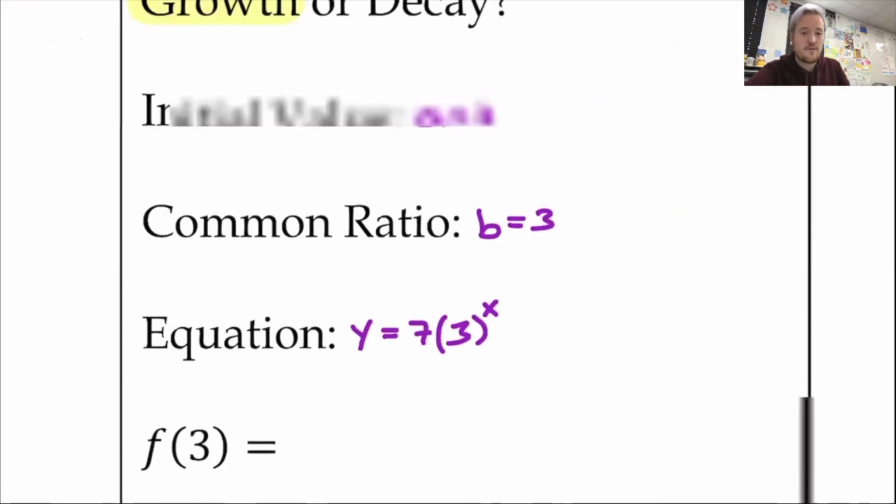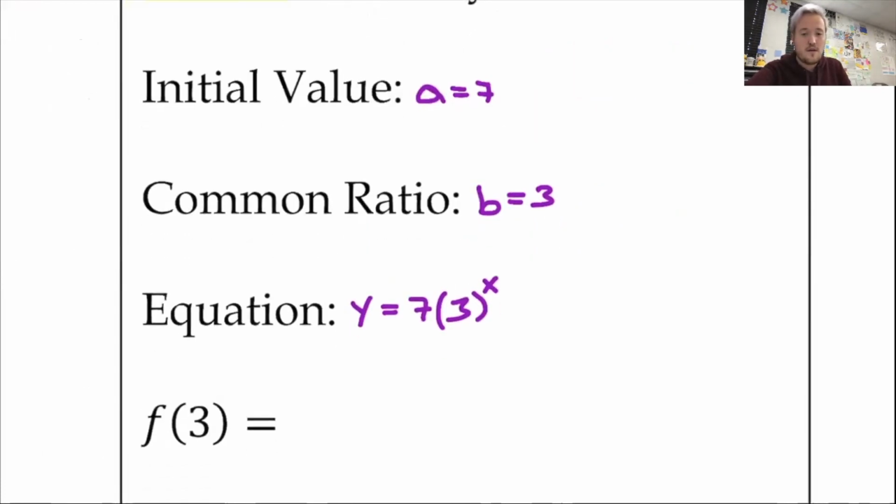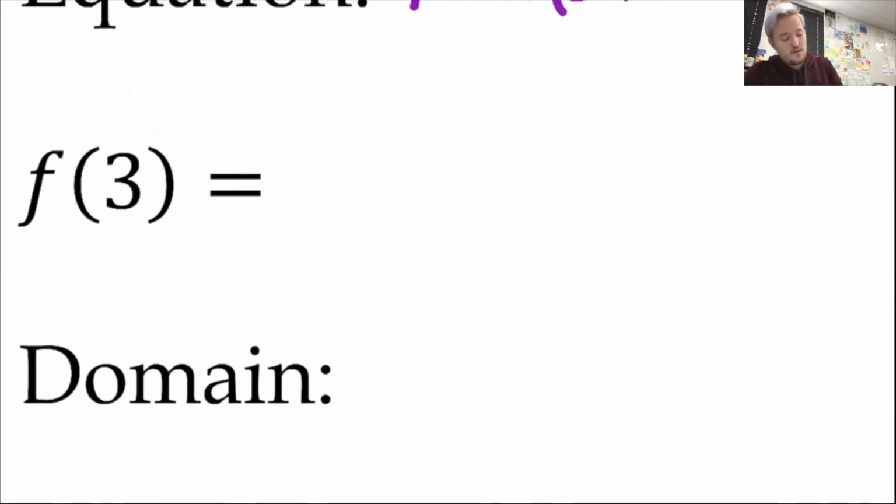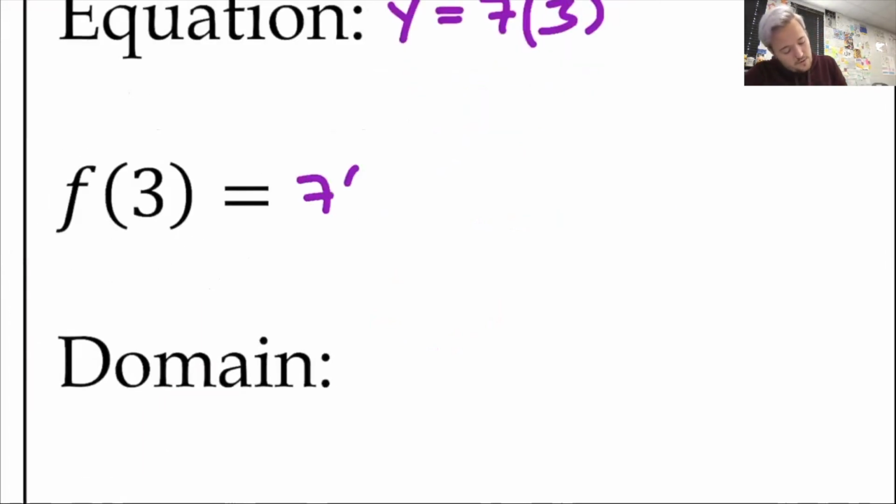So y equals 7 parentheses 3 raised to the x. And now I want to find f of 3. So I'm just going to do this off to the side. Just going to plug it in run matrix. So when you plug it in, you're going to have 7 parentheses 3 raised to the 3rd power. And that's going to give you 189.